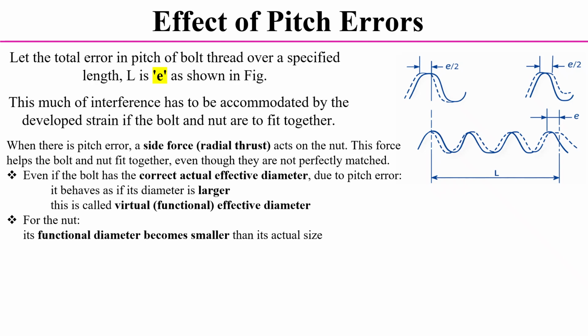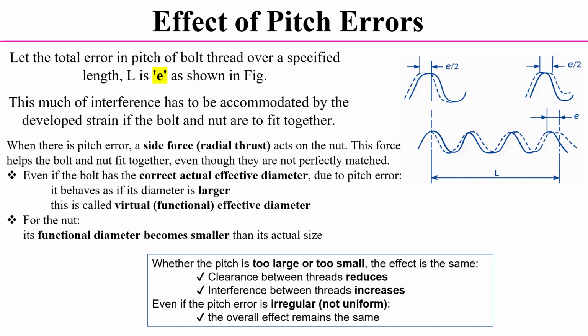Similarly, from the nut point of view, it has an actual effective diameter, but due to this pitch error, its functional diameter, or virtual effective diameter, becomes smaller than the actual size. Whether the pitch is too large or too small, the effect is the same.